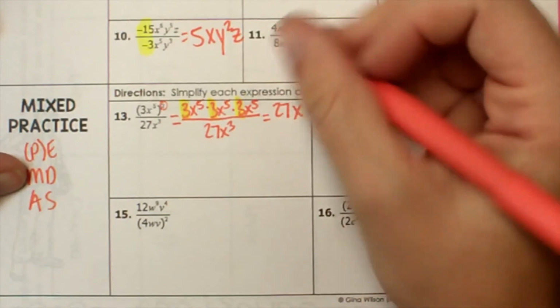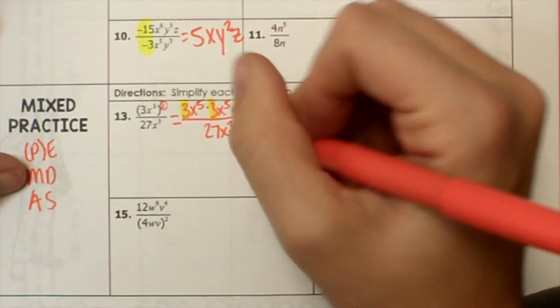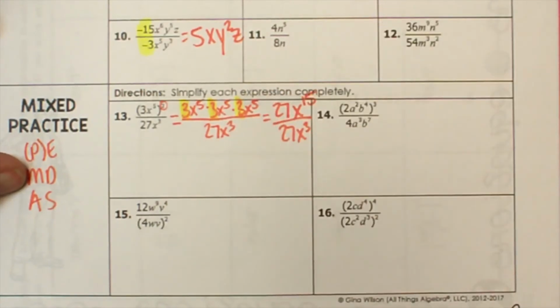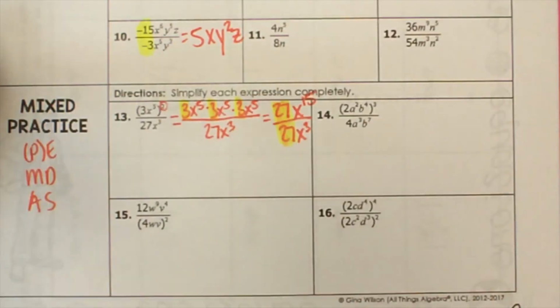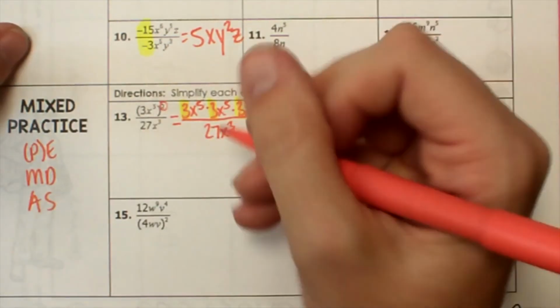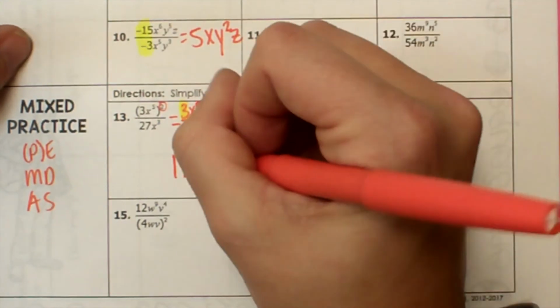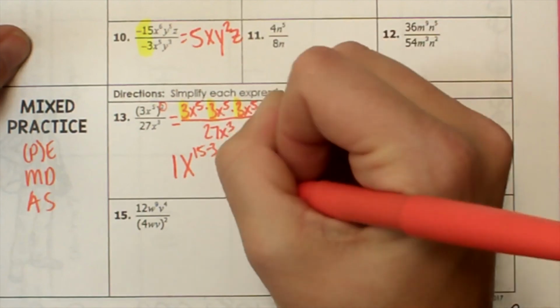And then you have to take care of 5 plus 5 plus 5 is 15, divided by 27x to the 3rd. Now you can divide. You divide your leading coefficients. 27 divided by 27 is 1. And you end up with x to the 15 minus 3, which means you get x to the 12.